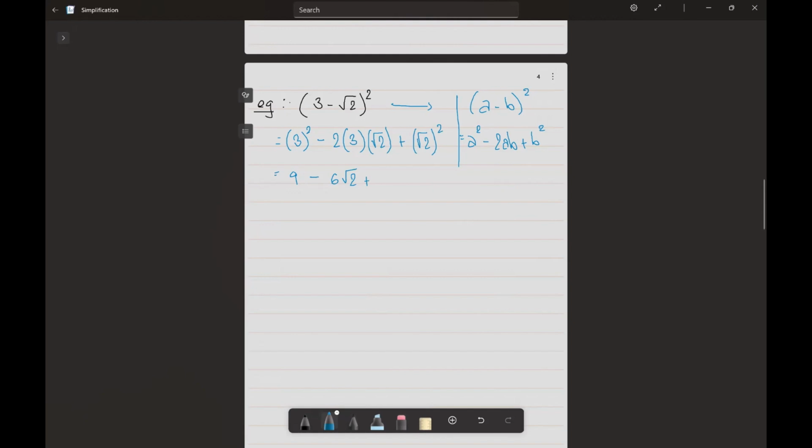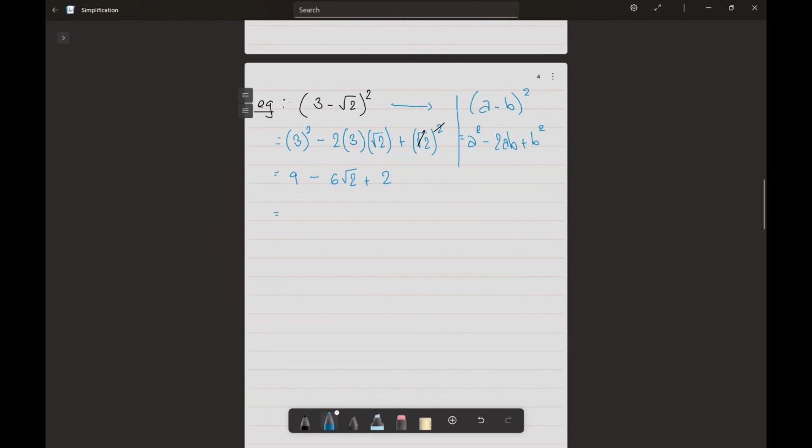And then we have plus. Now, root and square. We know that the square and the root are opposite operations, so they cancel each other out. And we will get only 2 in here. So now when we add up 9 plus 2, we know that addition and all the other operations that we have depend on the sign before the number.